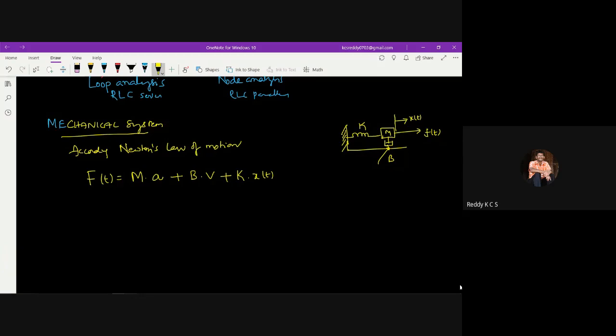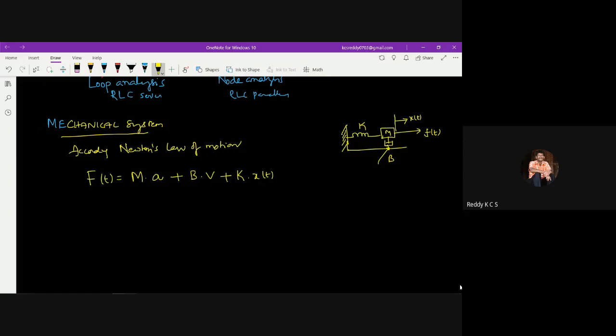This is the F of t equation. As we said, in the mechanical system we write the force equation, and in the equivalent electrical system we write the voltage equation in the case of the Fe analogy, and the current equation in the case of the Fi analogy.